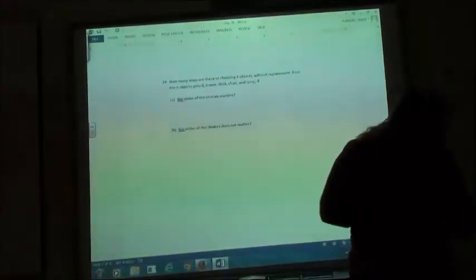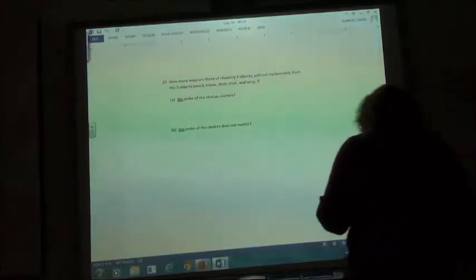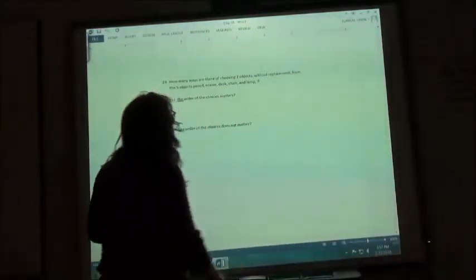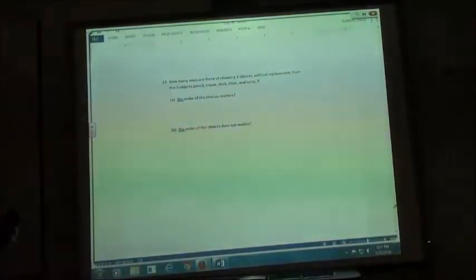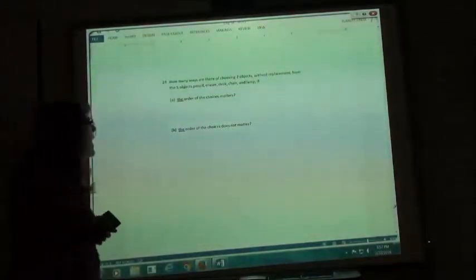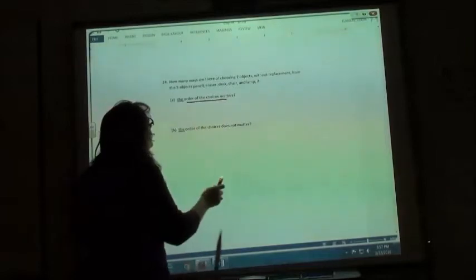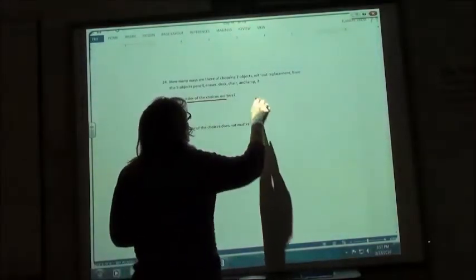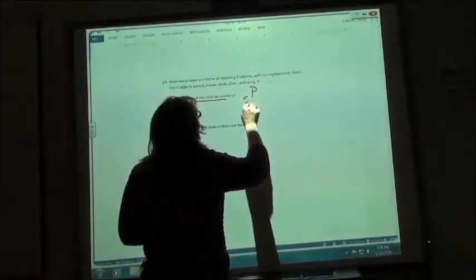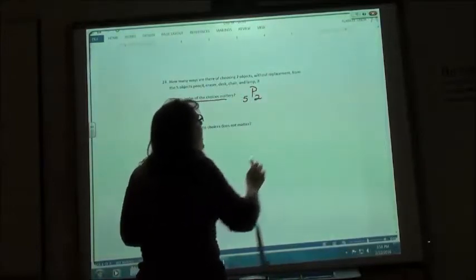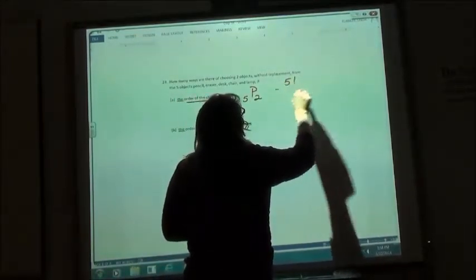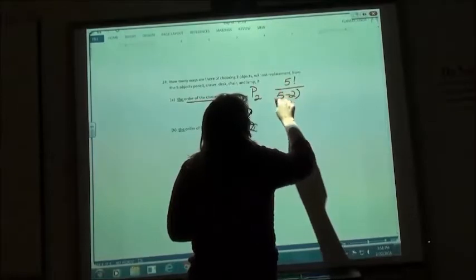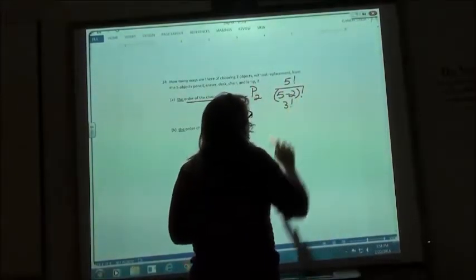One last one on here. It says how many ways if they are choosing 2 objects without replacement from the 5 objects, pencil, eraser, desk, chair, and lamp, if the order matters. So if the order matters, I'm going to do a permutation of 5 objects taken 2 at a time. 5 factorial over 5 minus 2 factorial, which is 3 factorial.